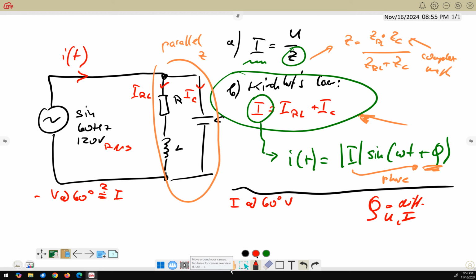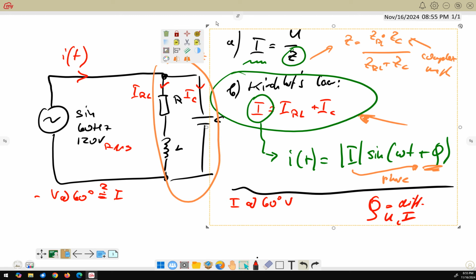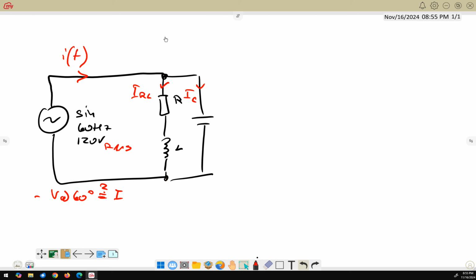Let's go with Kirchhoff's law, approach number B. First of all, we have to calculate the impedance of the series resistance, ZRL, which is nothing else than the resistor itself, plus j XL.